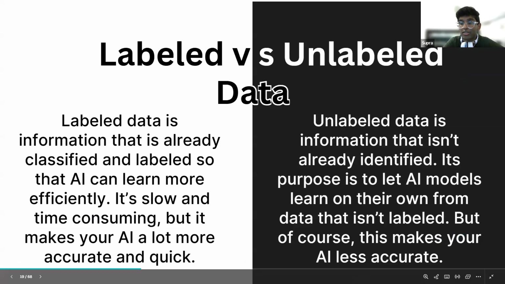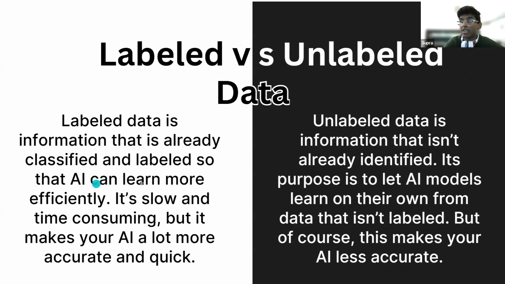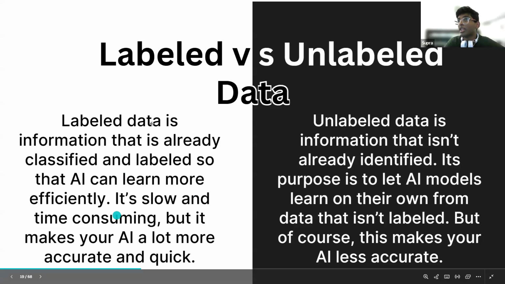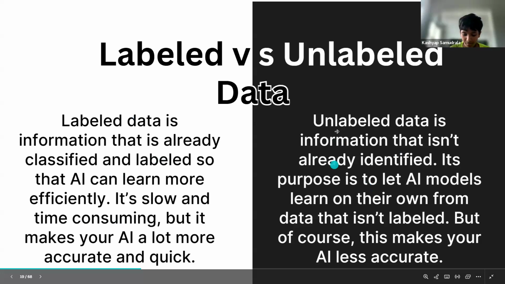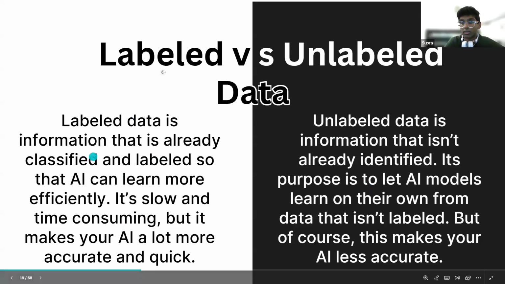So that solves the problem with labeled data being slow and time consuming, but it makes it less accurate, which generally is not something that you should use. You should always try to use labeled data unless you absolutely cannot. Then you can use unlabeled data instead of labeled data.